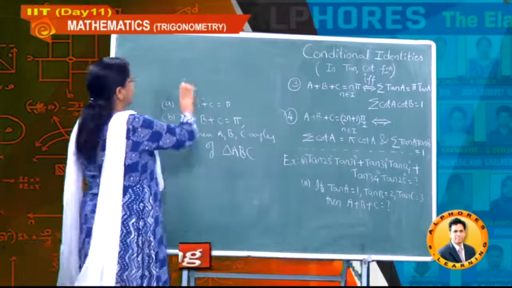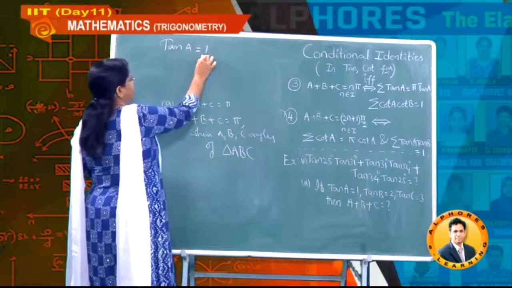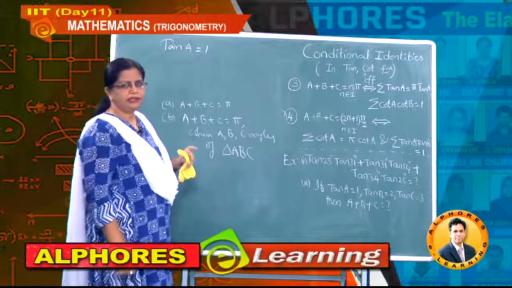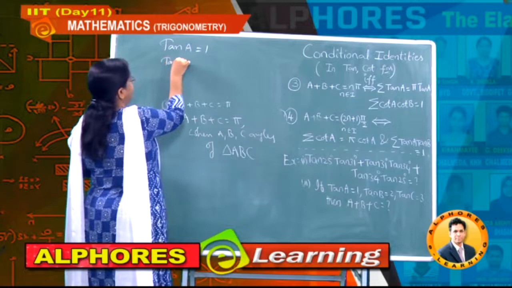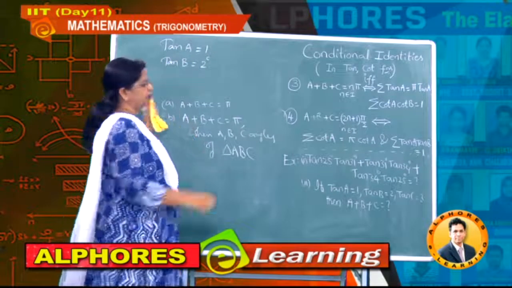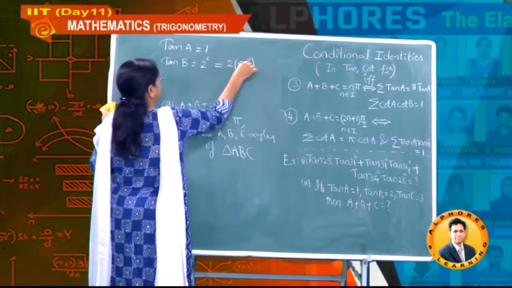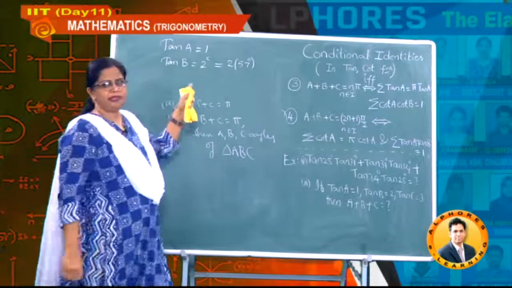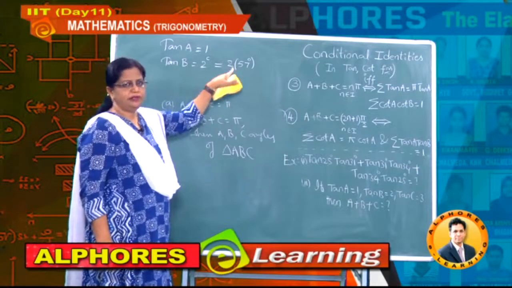So if I take tan A equal to 1, what is this value here? A you can choose 45 degrees, one of the options, and tan B is 2 means what about this value? 2 means it is nothing but 2 radians. 2 radians means it is 2 into 57 degrees. That means obviously you noticed that this is an obtuse angle.